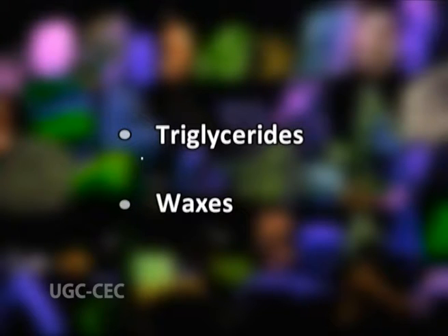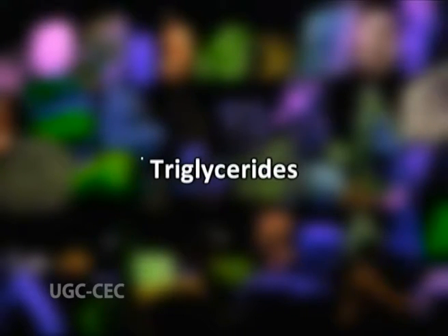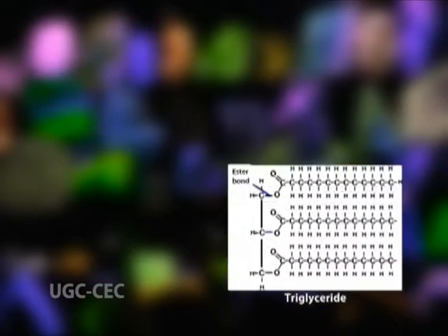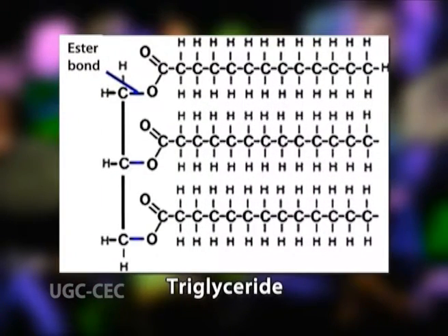The simple lipids are of two types: triglycerides and waxes. So far as the triglycerols are concerned, these lipids are the esters of fatty acid and trihydric alcohol glycerol, where the three hydroxyl groups of glycerol are engaged in ester bonds with three fatty acid molecules.